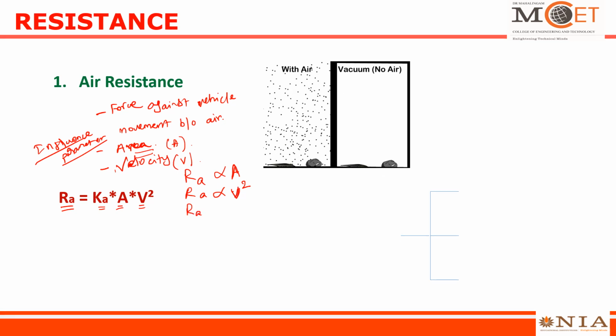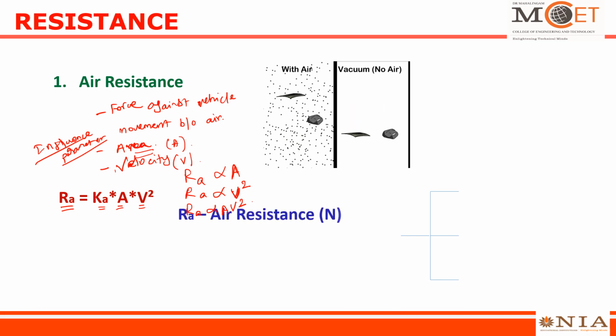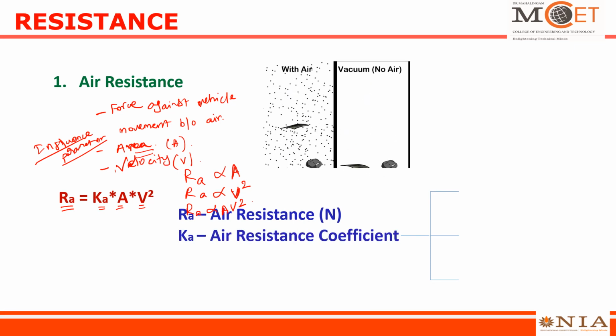So RA is directly proportional to A V squared, RA equals K A V squared. Here RA is air resistance in Newton. Ka is the coefficient of air resistance.